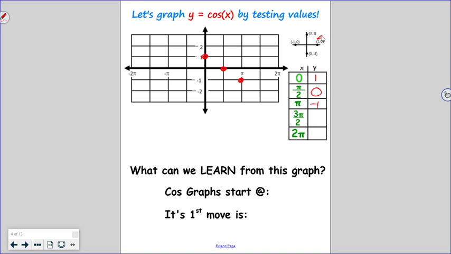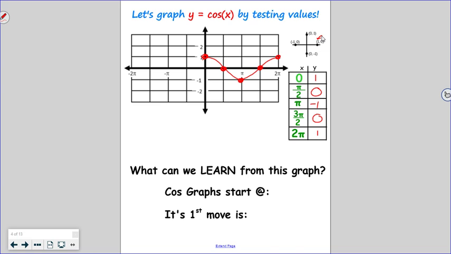You see that pattern starting again? Okay, it should look very familiar. At 3 pi over 2, we're back to a cosine value of 0. And at 2 pi, a cosine value of 1. These 5 dots that you see right here form the parent function of one cosine curve.